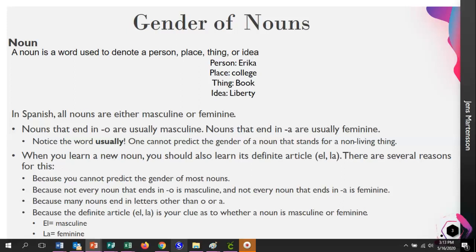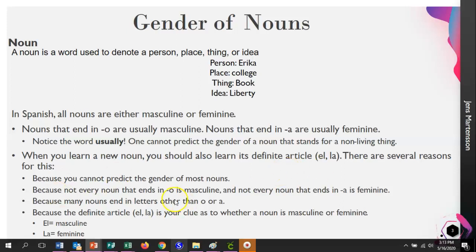Okay, so then you're going to ask, well, how do I know if it's masculine or feminine? So we're going to use the definite article el or la, which I have right here. El or la is used to help you identify whether a noun is masculine or feminine. Usually, if you see el in front of a noun, it's going to be masculine. La is going to mean that it is feminine.